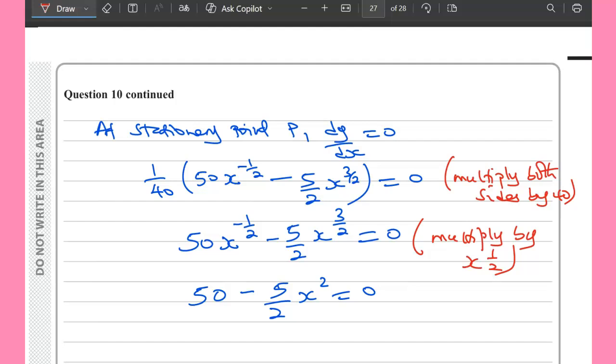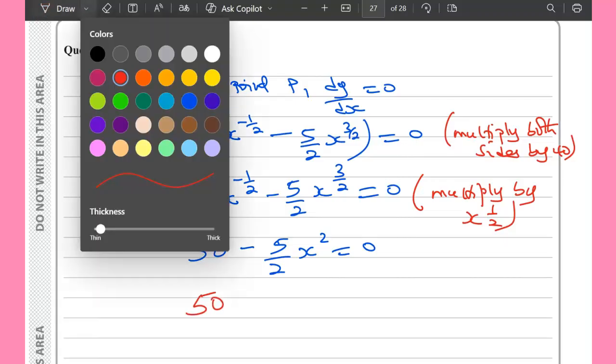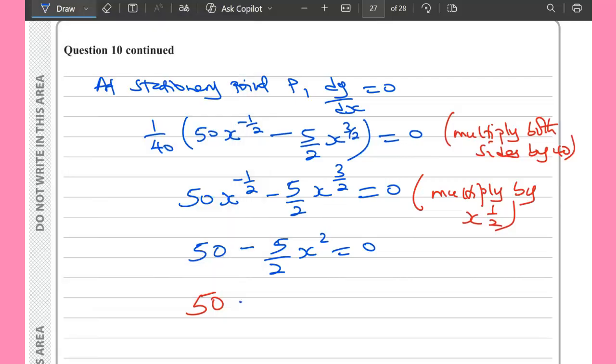Simplifying this further, you can take negative 5 over 2 x squared to the other side of the equal sign, so that we remain with 50 equals 5 over 2 x squared.